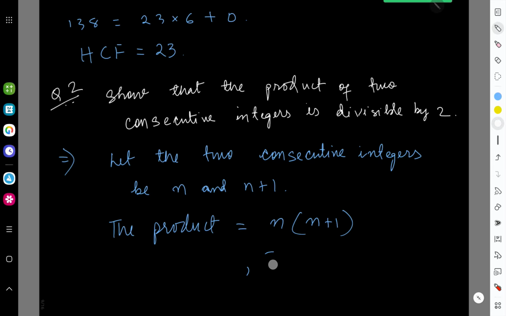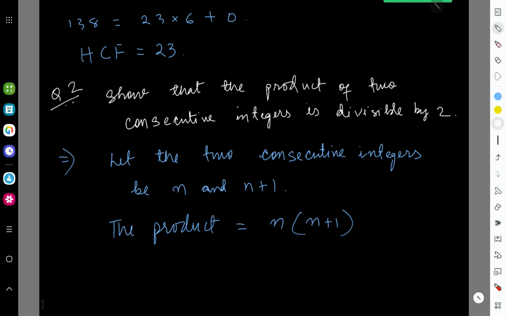If we consider 99 and 100, this is also consecutive integers. Again, 100 is even. If we consider 999 and 1000, which comes right after 999, they're consecutive integers. Again, 1000 is even.